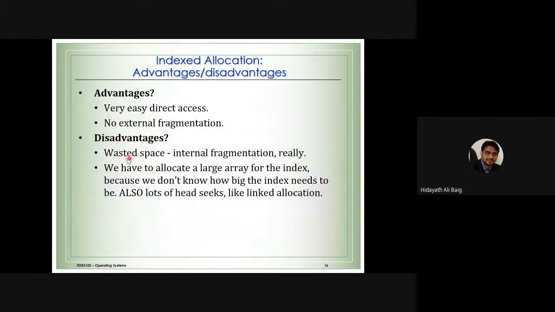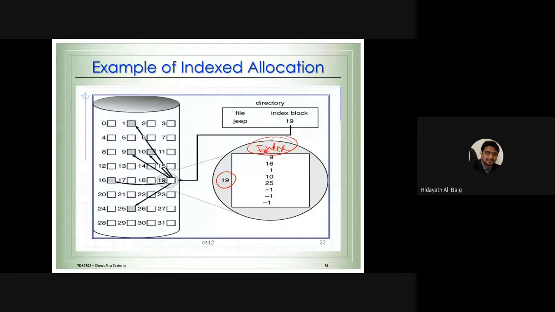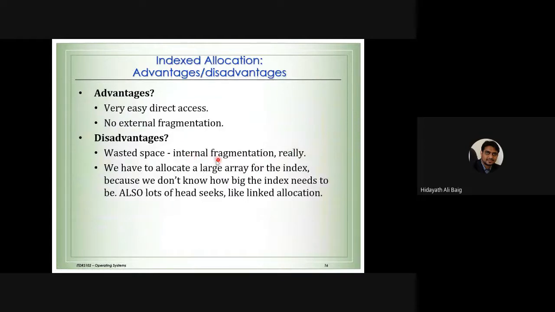So what is internal fragmentation? Because we need to give some space to the index block, which means we need to give some memory or storage to the file in the beginning. Maybe we may use the index block fully or we may not use it, but we are going to waste some memory. That's why they say there is a possibility of internal fragmentation.